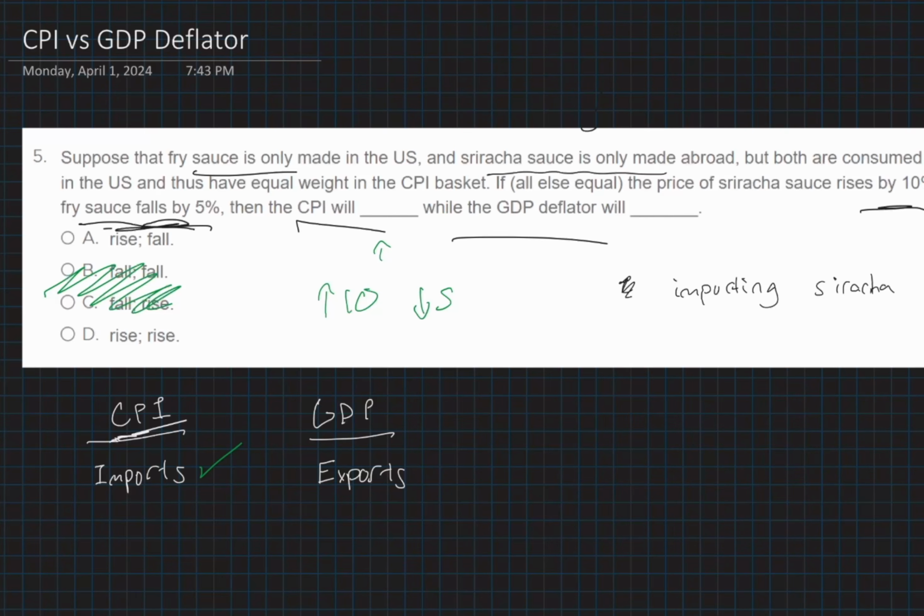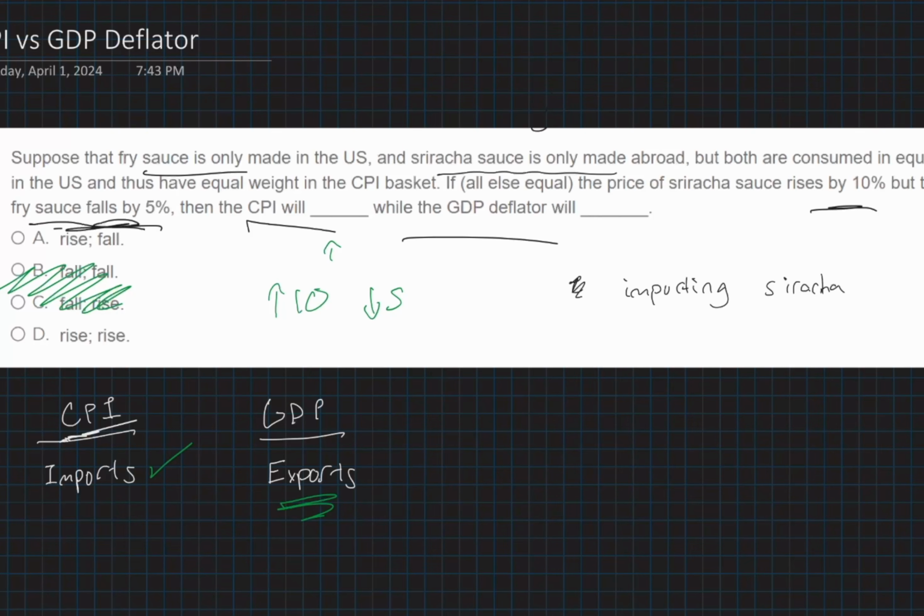Well, GDP deflator does not include imports. It only includes exports. So because it doesn't include imports, we are not including the rise of Sriracha sauce of 10%. We're only including the fall by 5%. Sorry, let me back up. I'm going to make this orange, make this green.